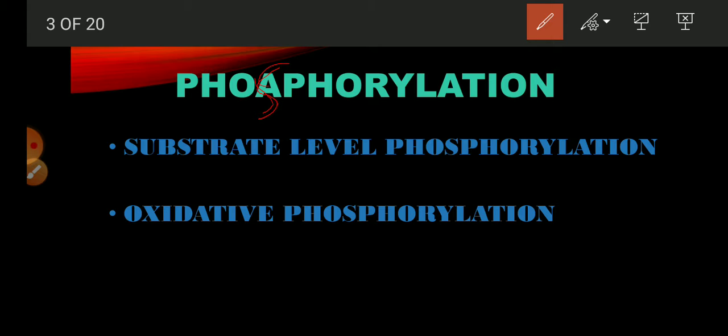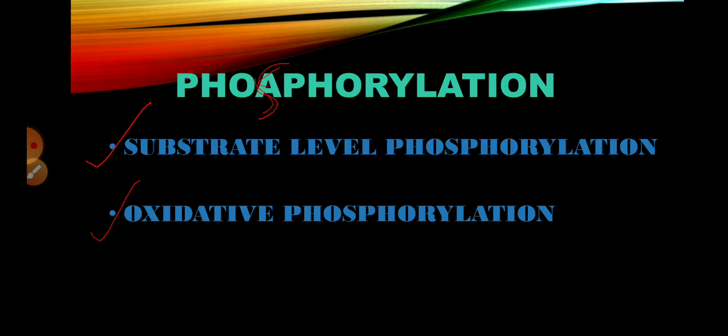So in the cell, and especially in cellular respiration, phosphorylation is done by two steps: substrate level phosphorylation and oxidative phosphorylation. So substrate level phosphorylation we will see right now, but oxidative phosphorylation we have seen in detail in chemiosmosis.